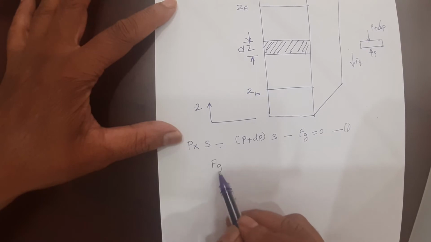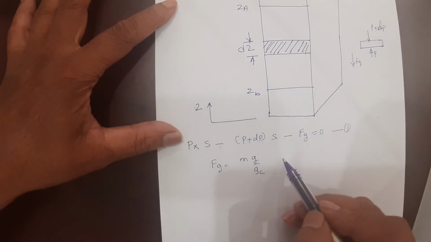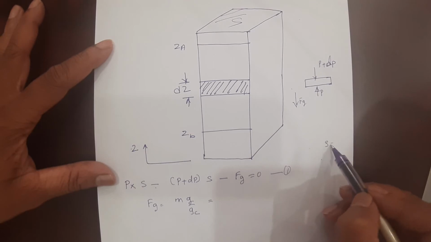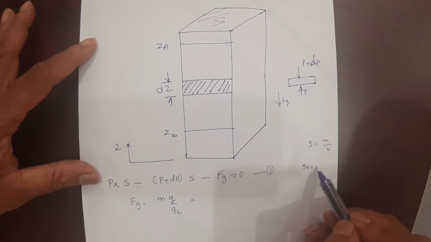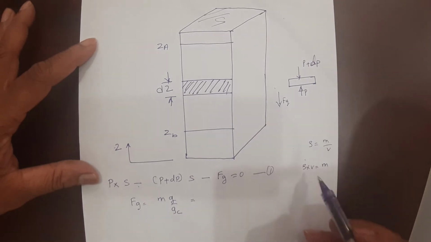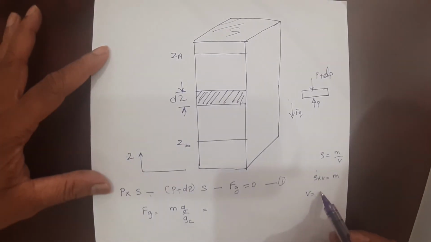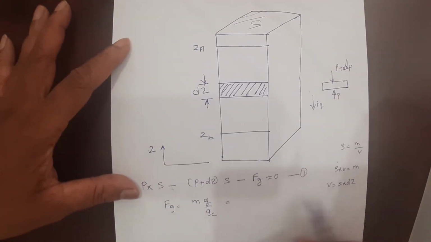Now we will find the Fg value. Fg we know is mg by gc, and density is equal to mass per unit volume. Therefore density into volume is equal to mass, and here in our example the volume of this element is equal to the cross section area into the height element, dz. If we substitute all these values, instead of m I will replace it with density, volume, and g by gc.